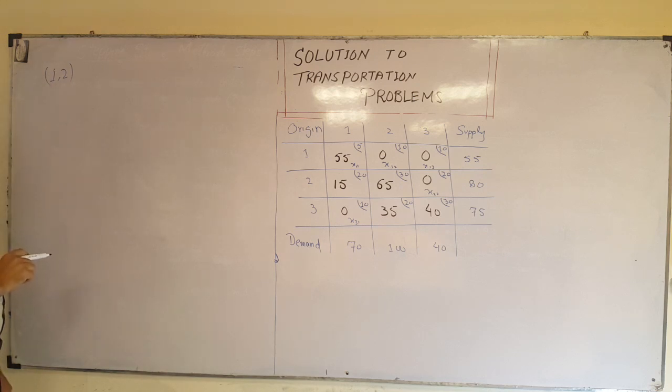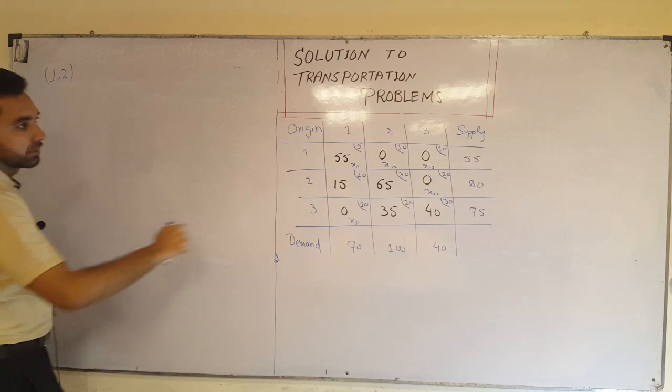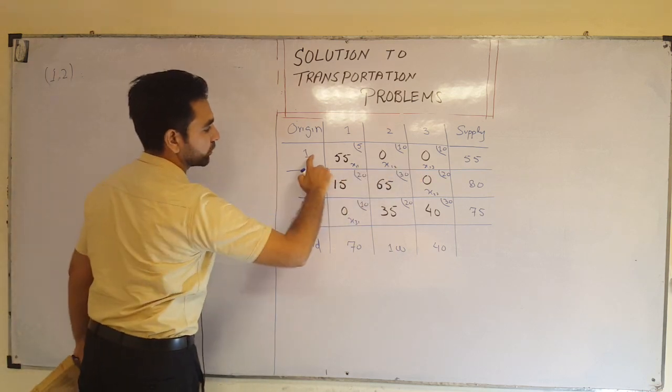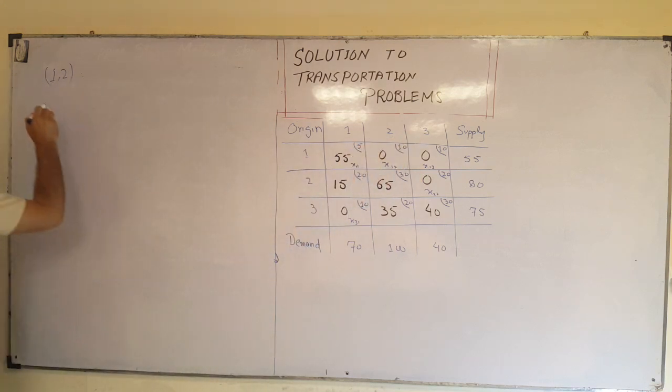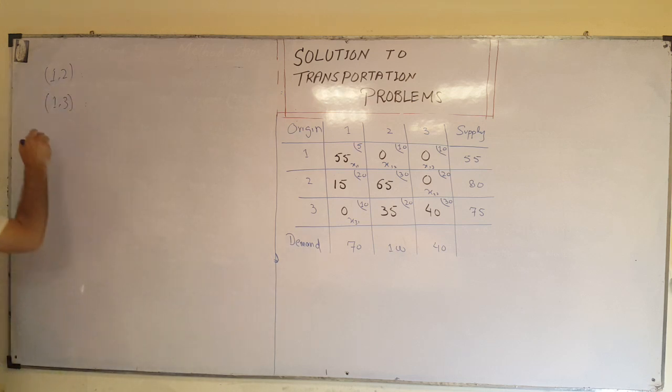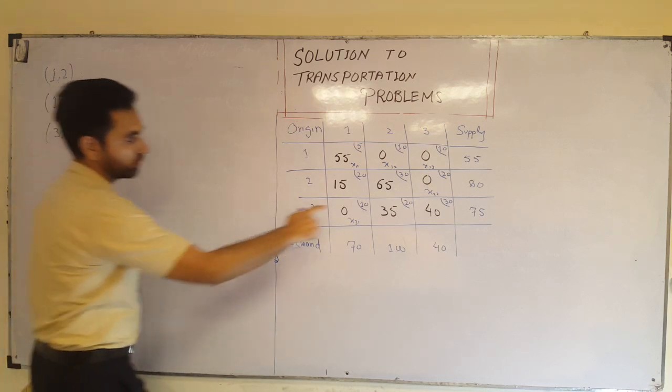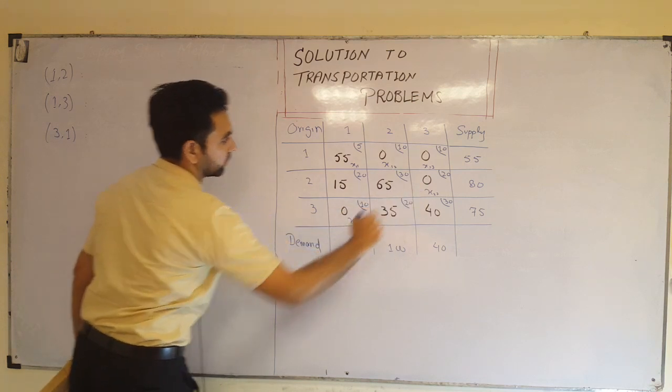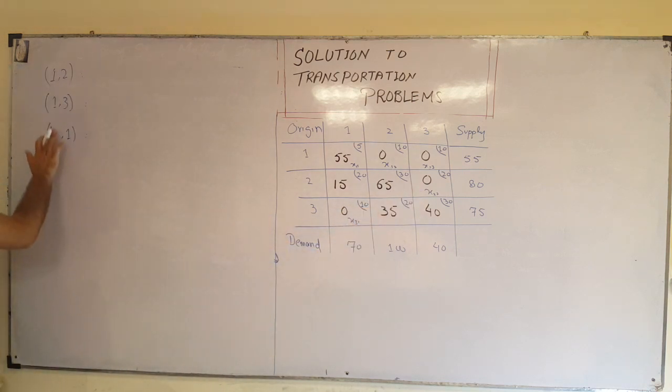Then you have another non-basic cell, which is at 1 and 3, so I would write 1 and 3. Then you have 3 and 1, and then you have 2 and 3. So you better write down 2 and 3, and 3 and 1.